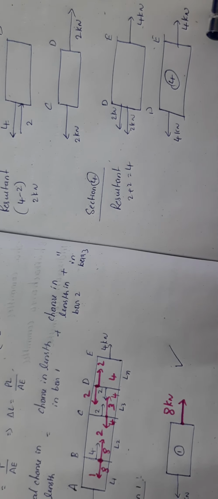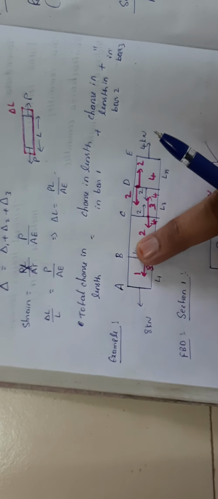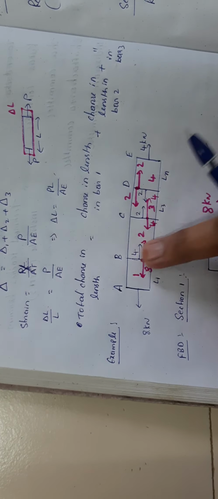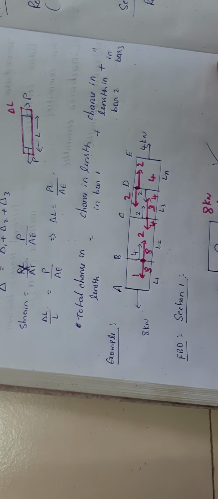So when you combine all these sections you will get the actual given member. You have to make sure of that, otherwise your calculations will be wrong.